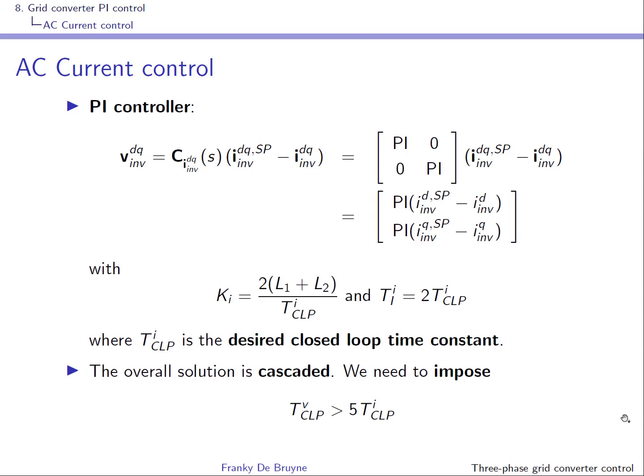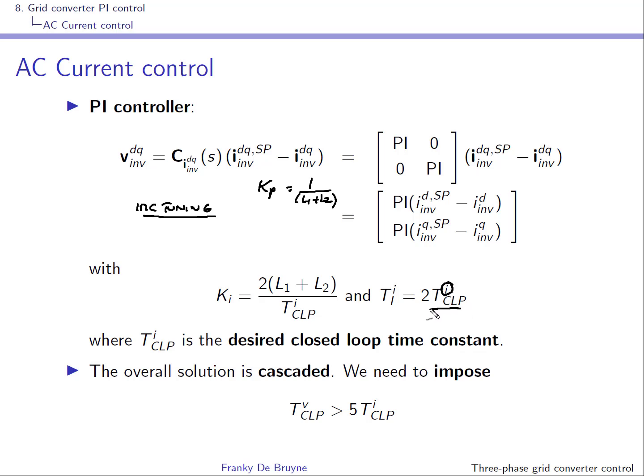Well, we had seen that you can work with a PI controller, and of course we can again use our IMC tuning rules. Remember that the process has a gain of 1 over L1 plus L2. These IMC tuning rules say, choose as an integral time constant 2 times the desired closed loop time constant, this time for the current loop.